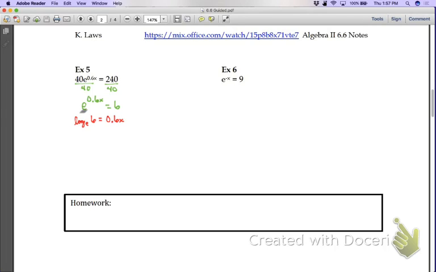But this next step is just going to end up being the natural log of 6 equal to 0.6x.